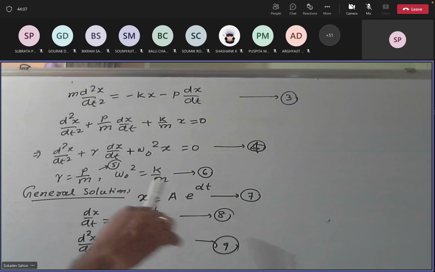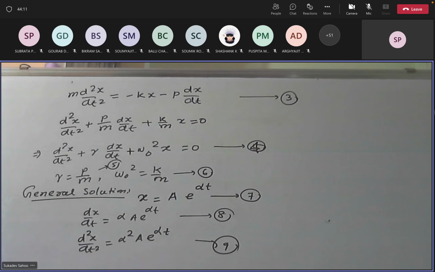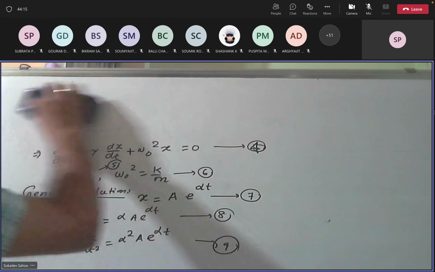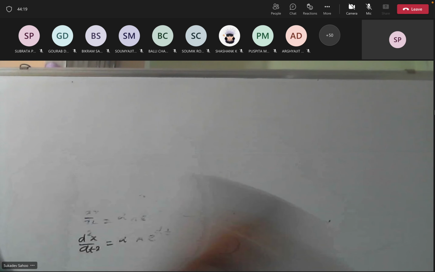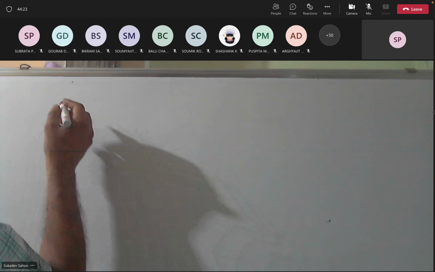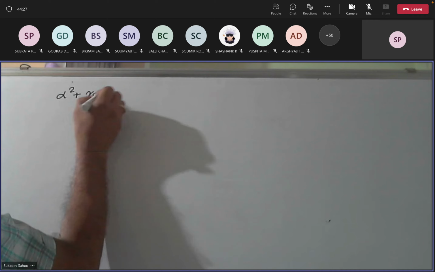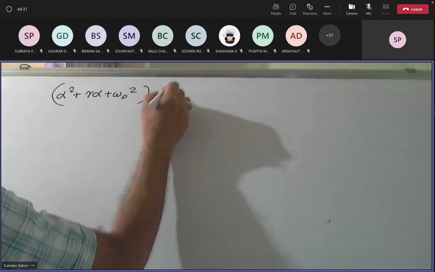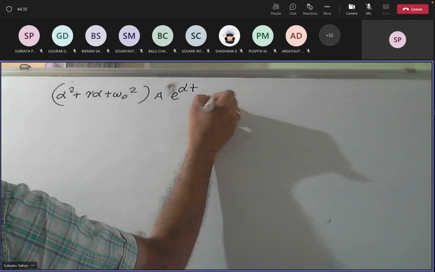Now substitute equation number 7, 8, 9 in equation number 4. Then we will get alpha square plus gamma alpha plus omega 0 square, times a e to the power alpha t, equal to 0.